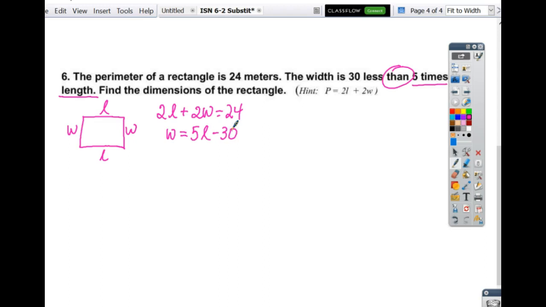Now if I was going to solve this with just what we learned today, does one of those have a variable by itself? This one. So can I just put parentheses around it and substitute it in for W? So I'm going to get 2L plus 2 times, and I'm going to distribute.